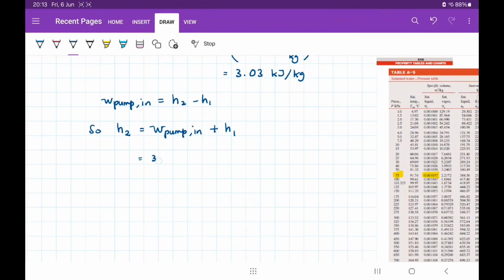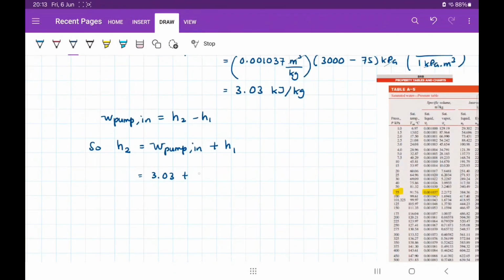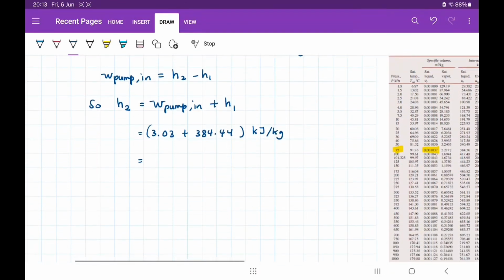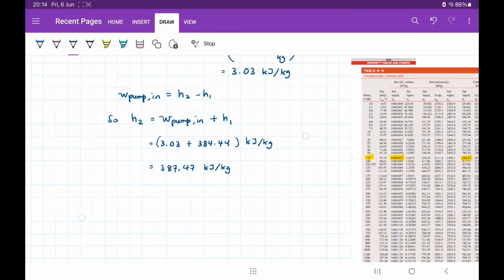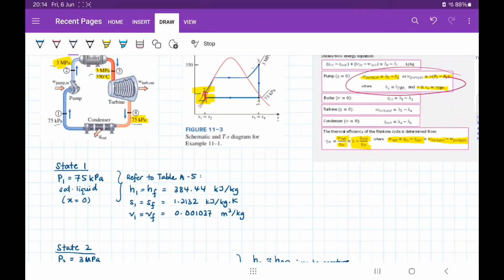This is 3.03 plus H1, which just now was 384.44 kilojoule per kg. So this is your H2, 387.47 kilojoule per kg.